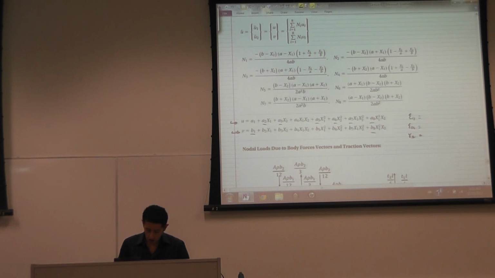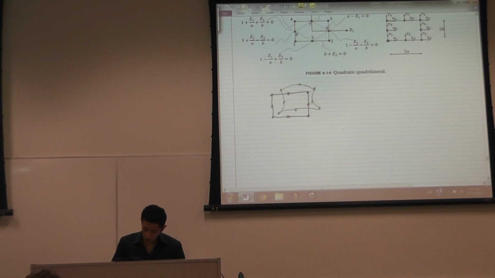And the shape functions can be obtained in that manner, or you can find the shape functions for this particular element by, for example, N1. I want the function that will give me 1 here and 0 at the other nodes.